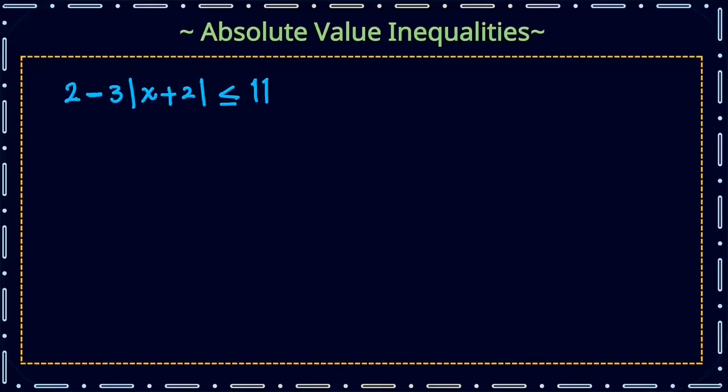We're going to subtract 2 from both sides of this inequality to get negative 3 times the absolute value of x plus 2 less or equal than 9. We haven't yet gotten the absolute value by itself. There's a negative 3 in front, so you can divide both sides by negative 3.